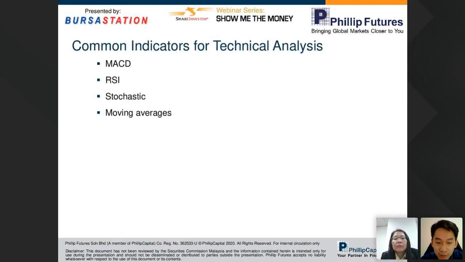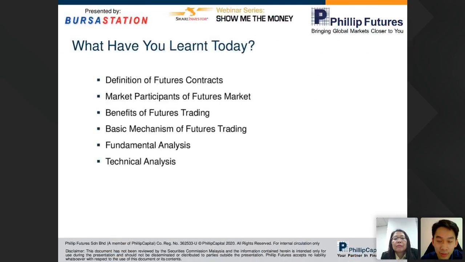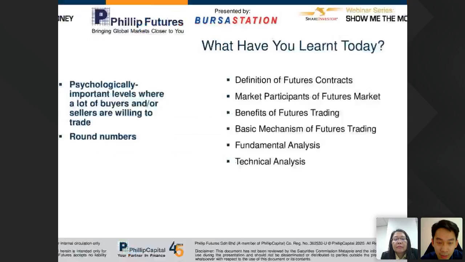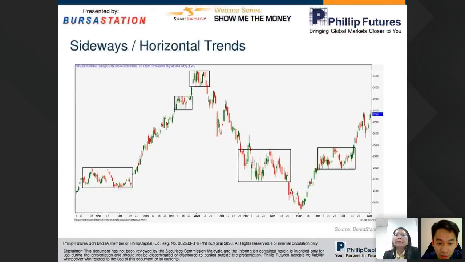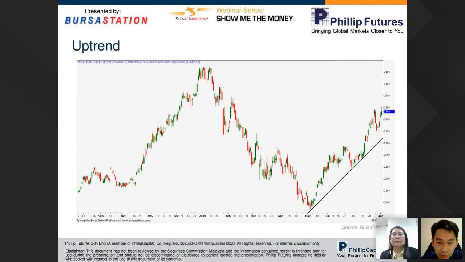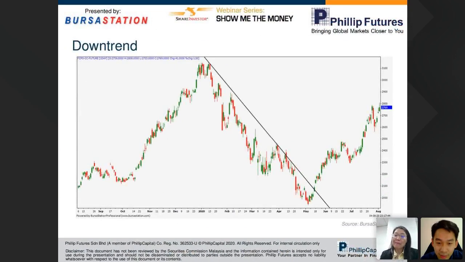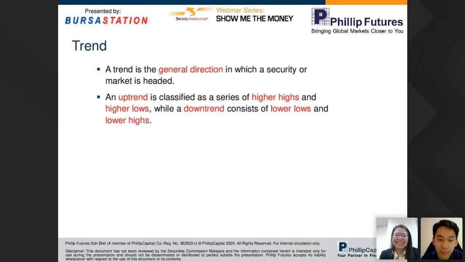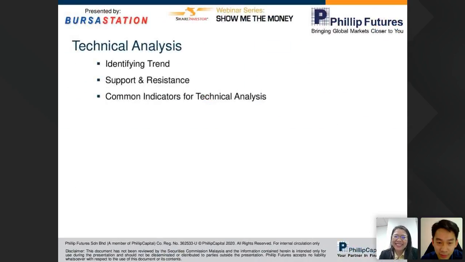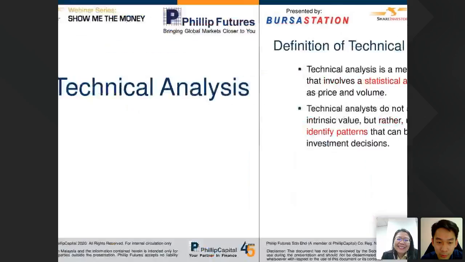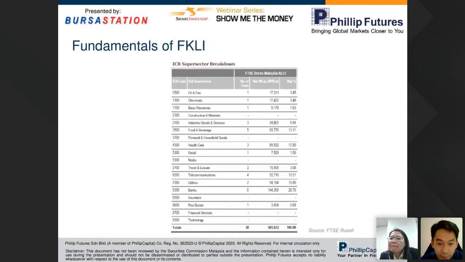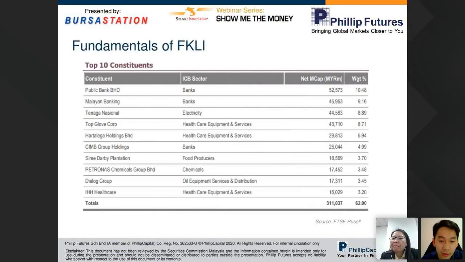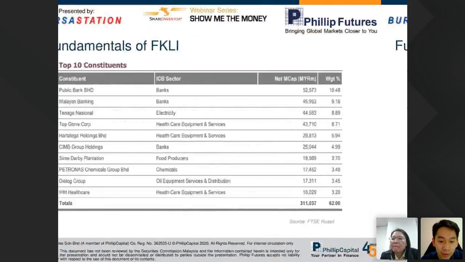Or alternatively, you can follow us on Telegram, because as and when the MPOB announces results on opening stocks, closing stocks, or ending stocks, we will update on Telegram as well. So just search Phillip Futures on Telegram and you're able to find it there.